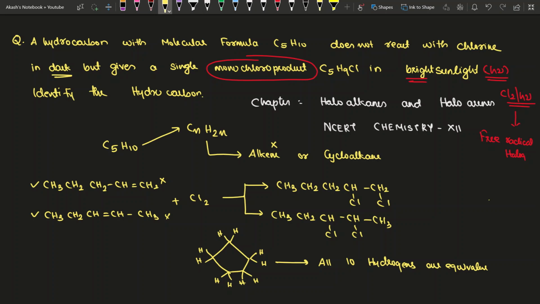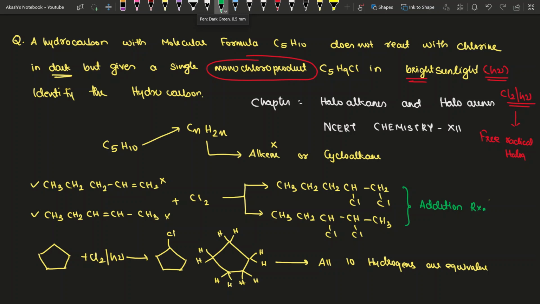So what happens with cyclopentane? If you add chlorine in the presence of light, you get chloro substituted cyclopentane. One more thing to understand: whenever a halogen is added to an alkene, it undergoes an addition reaction.